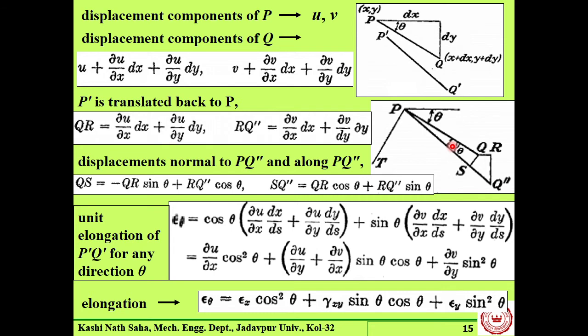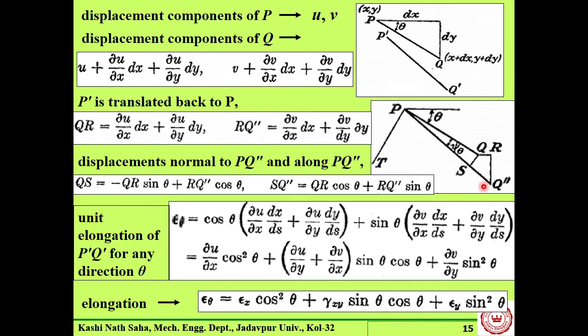Now let us find out how to obtain point Q double prime from Q. What is Q double prime? This is the position of point Q prime when we have translated P prime Q prime parallelly to point P. Okay.